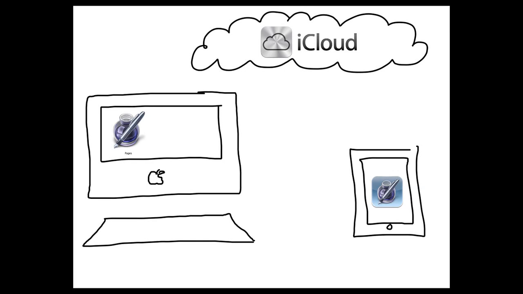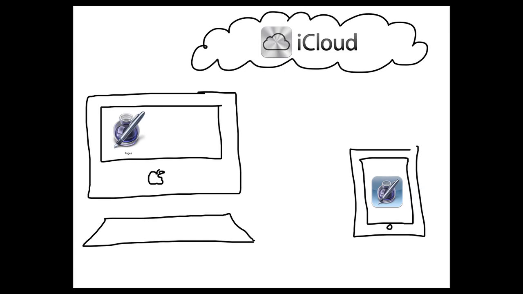So unfortunately, iCloud is not the easiest to use with documents. If we wanted to get that docx file onto our iPad from our desktop, we would have to open up a web browser and then go to iCloud.com.